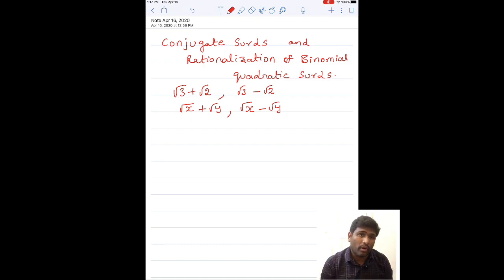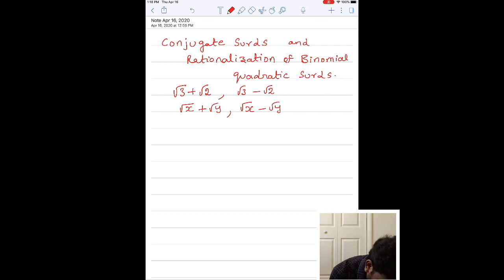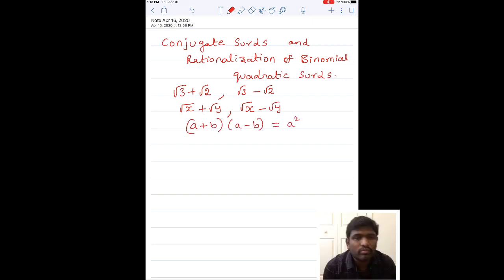Now one important thing you should note is that when you multiply these conjugate surds, they give a rational number using one of the most important identities, that is (a plus b) multiplied by (a minus b) equals a square minus b square. This is the identity which makes the product of two conjugate surds a rational number.